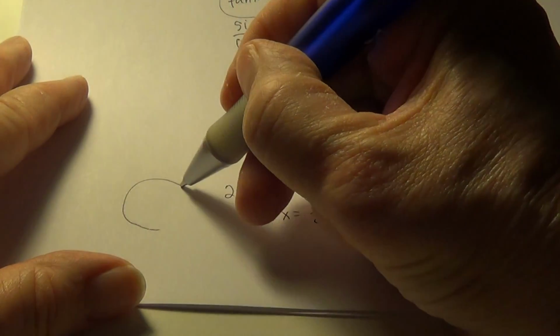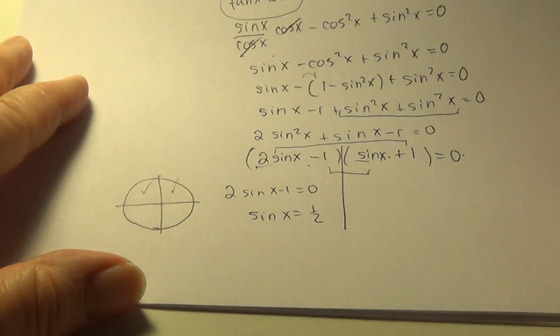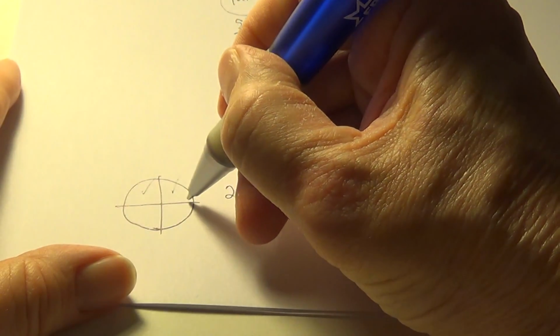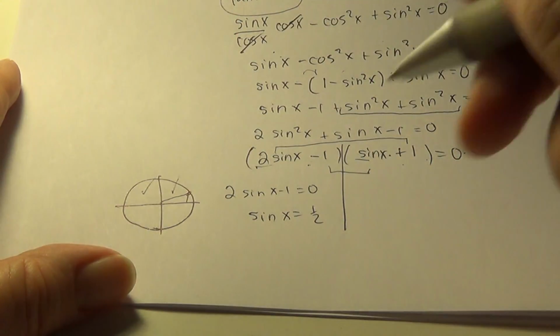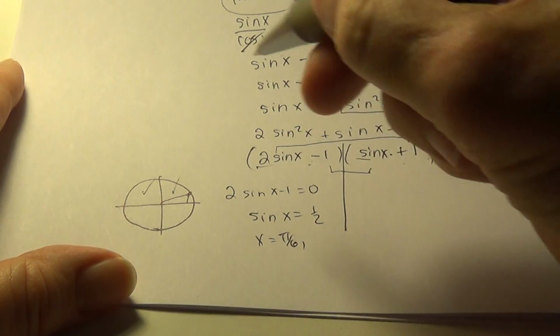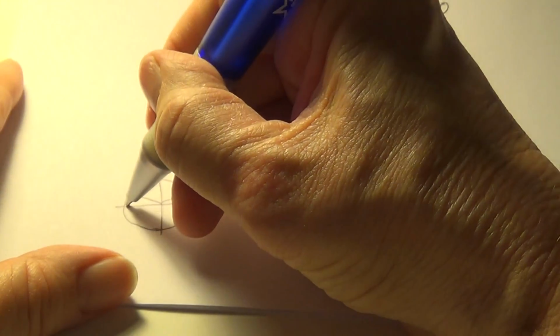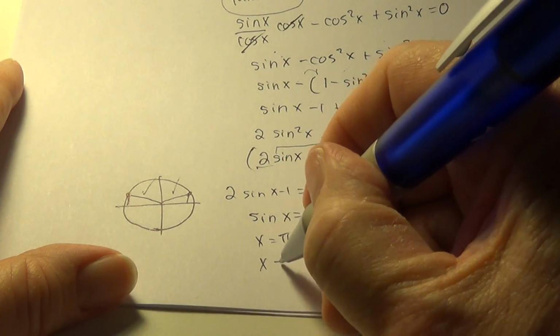Second coordinate is 1/2 positive, so I can look here and here, and that's where the sine is positive. Square root of 3 over 2 and up 1/2. So right there it happens at pi over 6. And over here it happens as well. And that's 5 pi over 6.